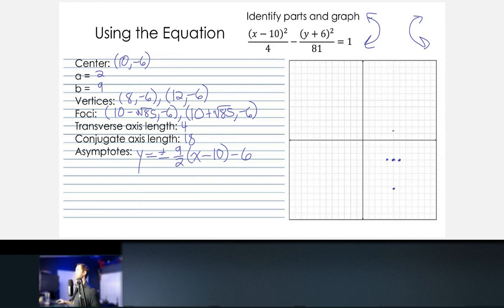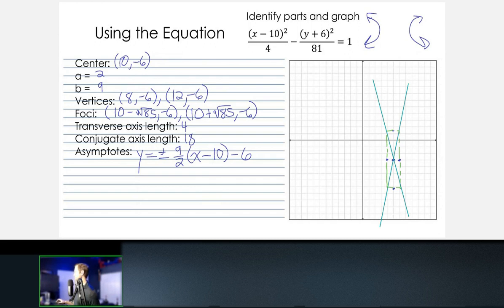I'm going to do my box right now, and then I'll do my lines going through. All right, now I need my focus points.